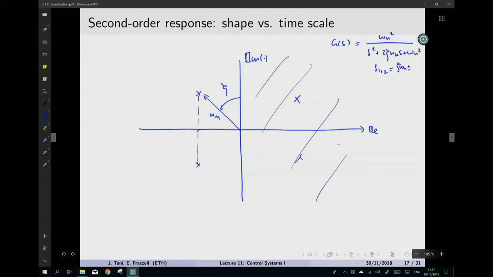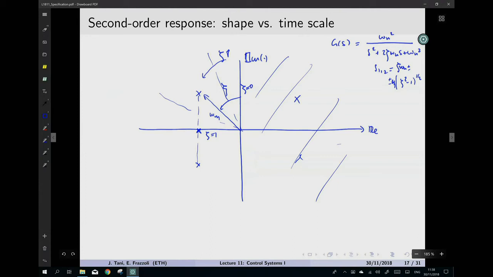Minus zeta omega n plus minus omega n root of zeta squared minus 1, right? So this means that when zeta is equal to 1, what you get is a purely real response. Zeta equal to 0, you get a purely imaginary response. And basically, as you move in different directions here, you get an increasing zeta, increasing damping.